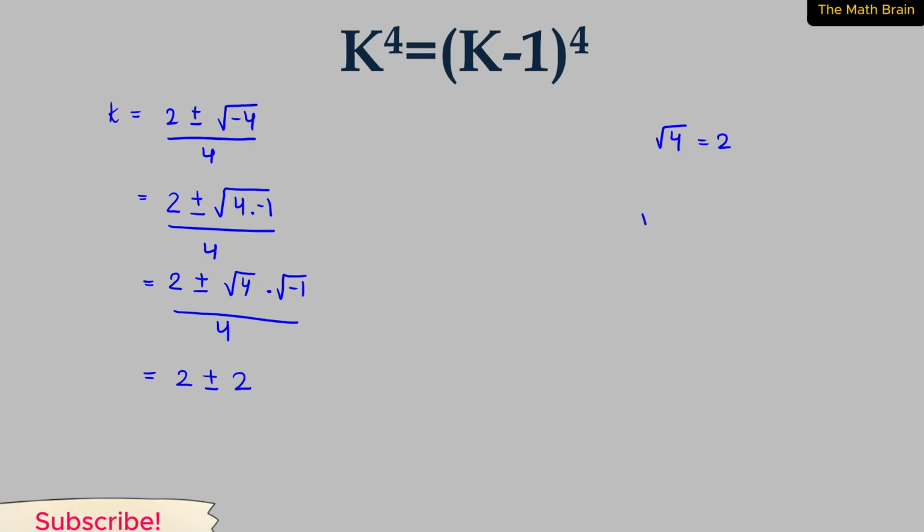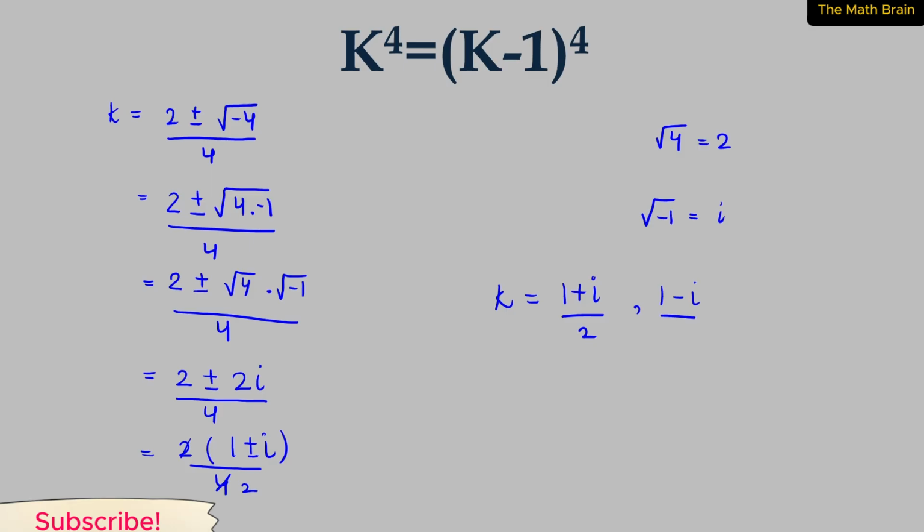Now, the value of under root minus 1 is equal to iota i. So, we are going to write here i upon 4. Now, by taking 2 common here, we are left with 1 plus minus i upon 4. By cutting this, we will get the value of k is equal to (1 plus iota) upon 2 and (1 minus iota) upon 2, and the other value we got was 1 upon 2.